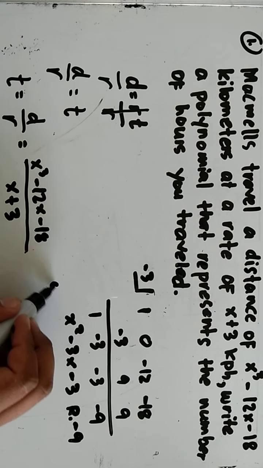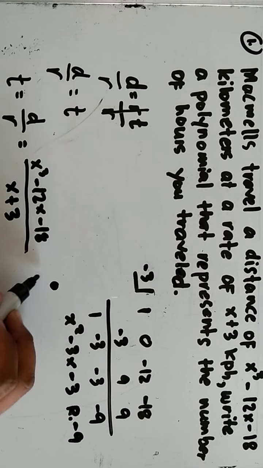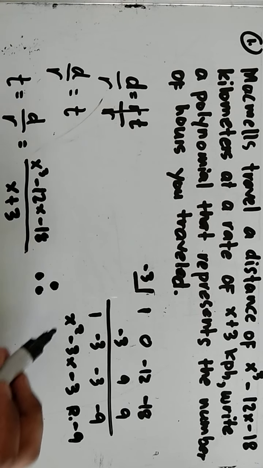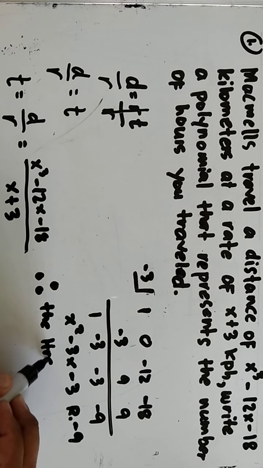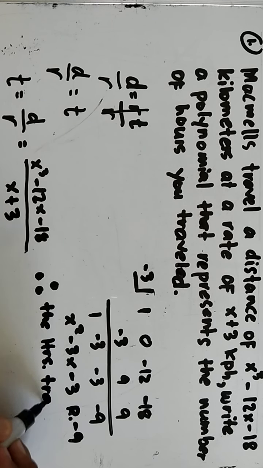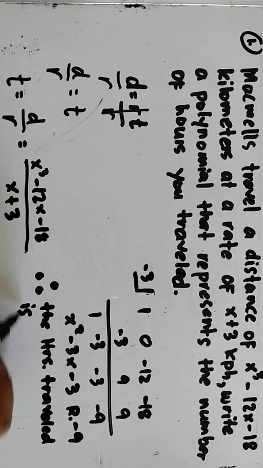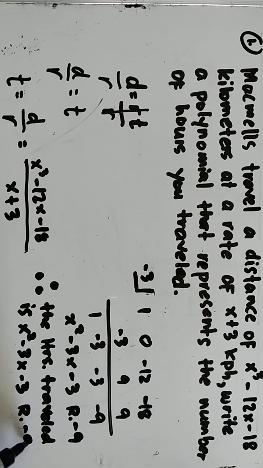So, sabihin natin, therefore, the number of hours traveled is x raised to 2 minus 3x minus 3, remainder negative 9. So, ganyan po sagutin yung para sa question number 1.